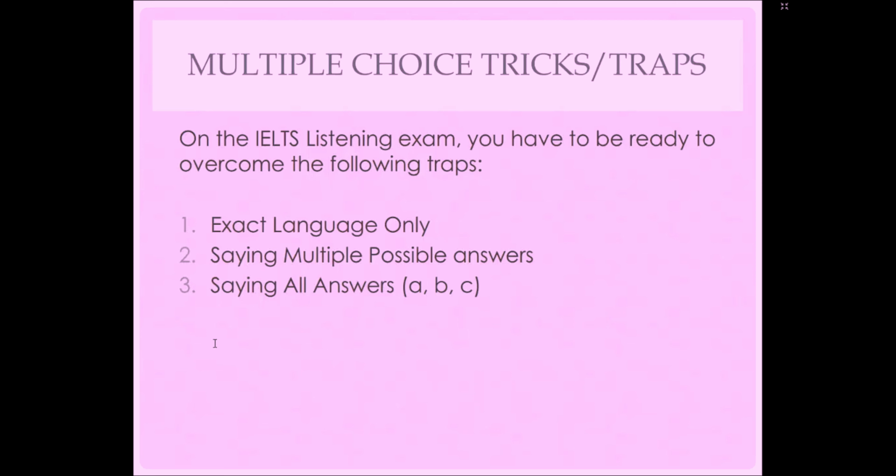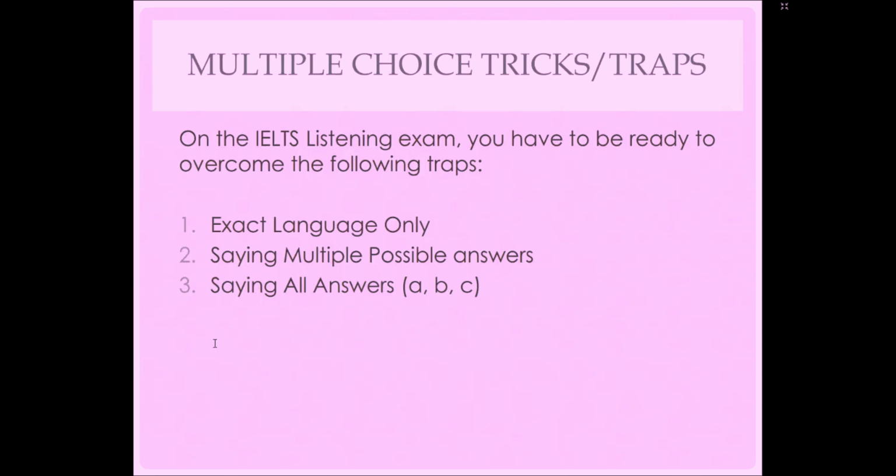But what a lot of students do is they say, well, I heard them say this word. And because they said the word business, and I see the word business in choice A, that's the answer I'm going to pick. And that's the wrong thing to do. That is the completely, utterly wrong thing to do, right?